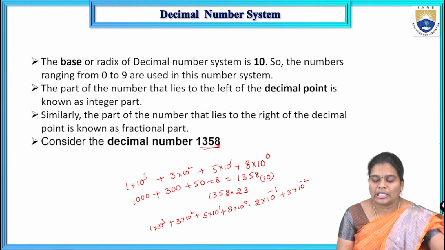Like this we take the values in the decimal number system. In each and every number system we have integer values as well as fractional values. The point right side values are multiplied with the base value power minus 1, minus 2, minus 3, and the point left side values with r power 0, r power 1, r power 2 like this. So this is the decimal number system.